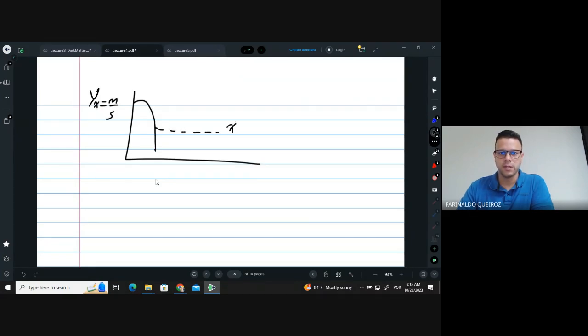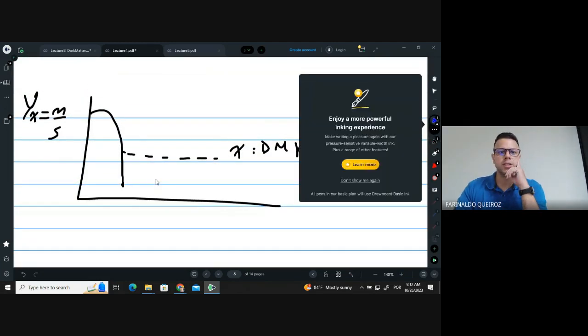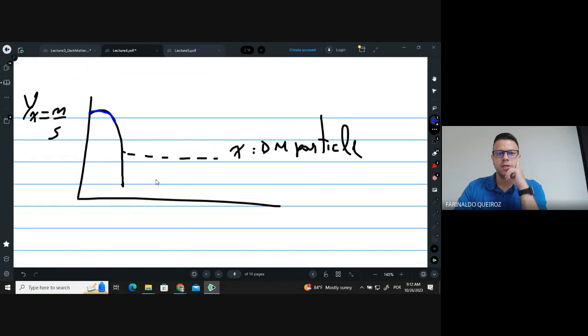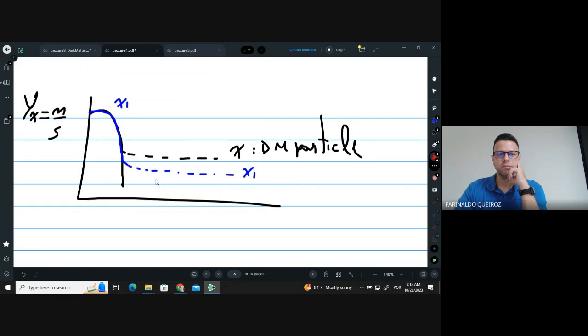So that's chi, the dark matter particle. Then you have another particle, let's say chi1. Chi1 goes like this, and then freezes out around here, and that's chi1. And I might also have another particle, let's say chi2. Let's say chi2 now freezes out right here.